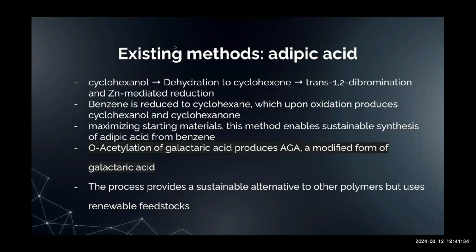Concurrently, galactaric acid undergoes O-acetylation to produce AGA, presenting a renewable alternative to conventional polymers. This approach emphasizes the use of renewable sources in synthesizing crucial industrial and environmentally friendly materials, providing a sustainable alternative that uses renewable feedstocks.